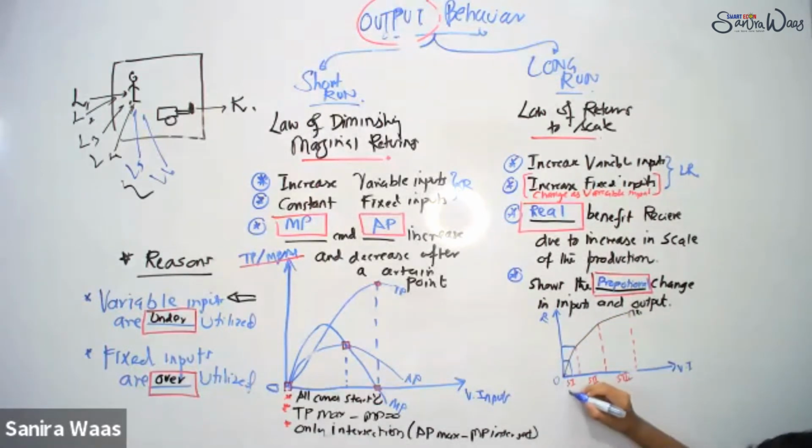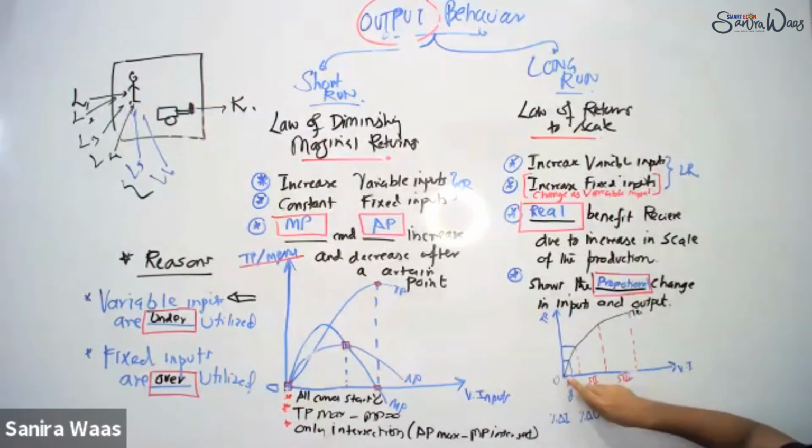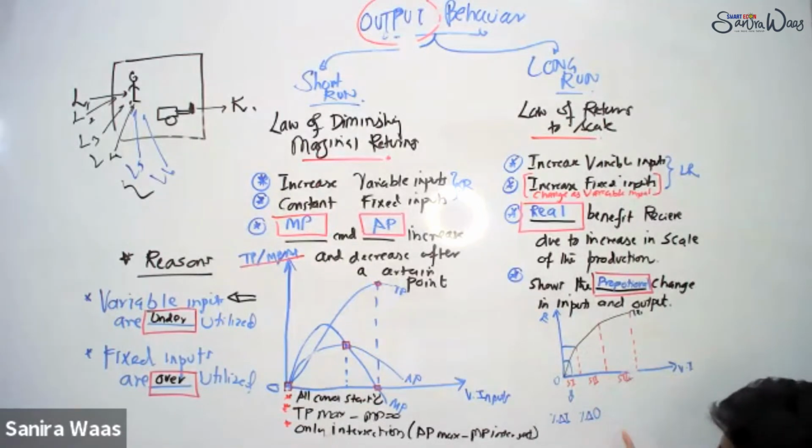So what has happened in here? Proportionate change in inputs, right? And proportionate change in outputs. What does this mark need to show in between?